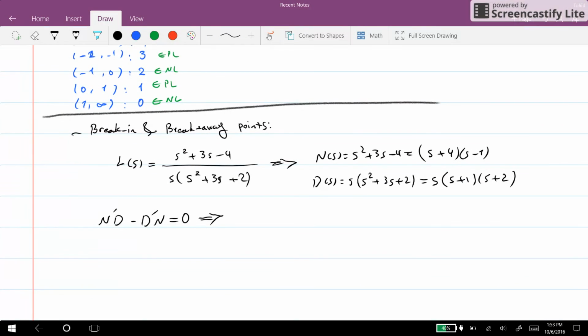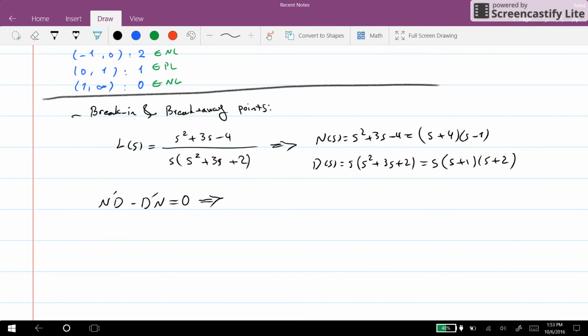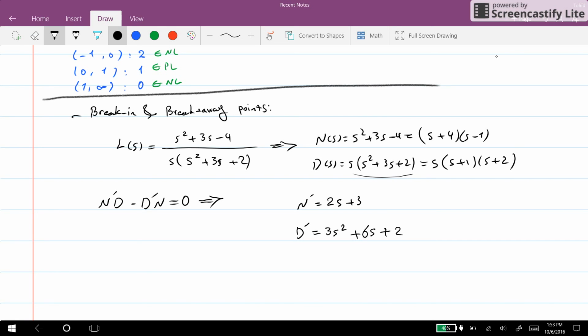So let's see if we can find them easily or in a straightforward way. N prime will be equal to 2S plus 3, and D prime, so S times this, and then deriving it, we will have 3S squared plus 6S plus 2.